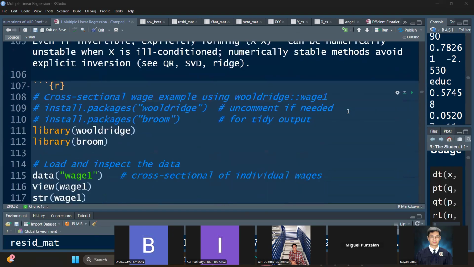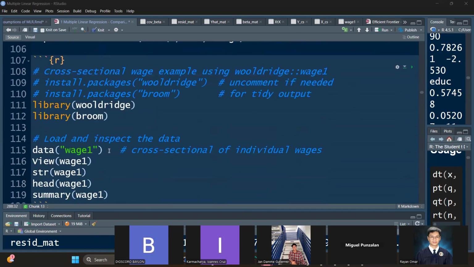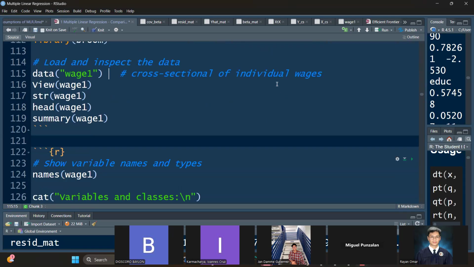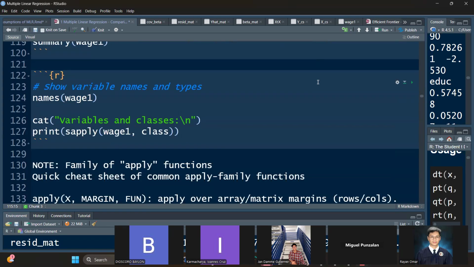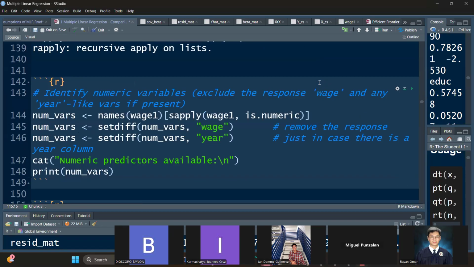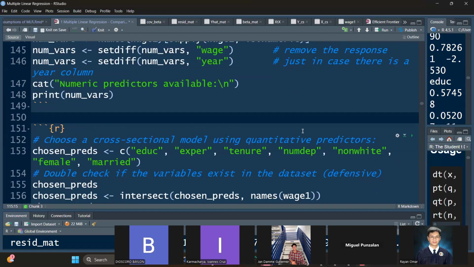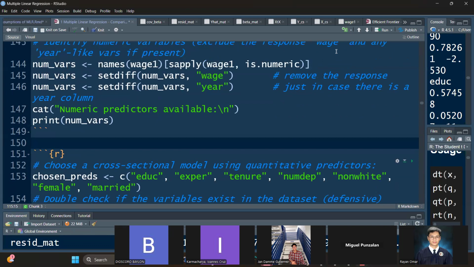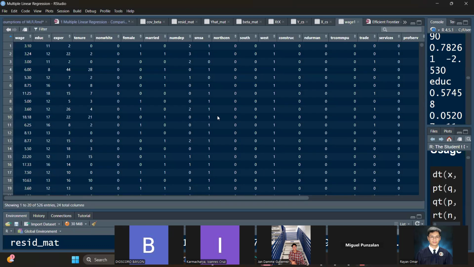All right. So what we did last time was we made use of the wage data set. Make sure that your wage data set is already loaded. We did this already before, so we're not going to redo this. This is our wage data set. There are many predictors here.